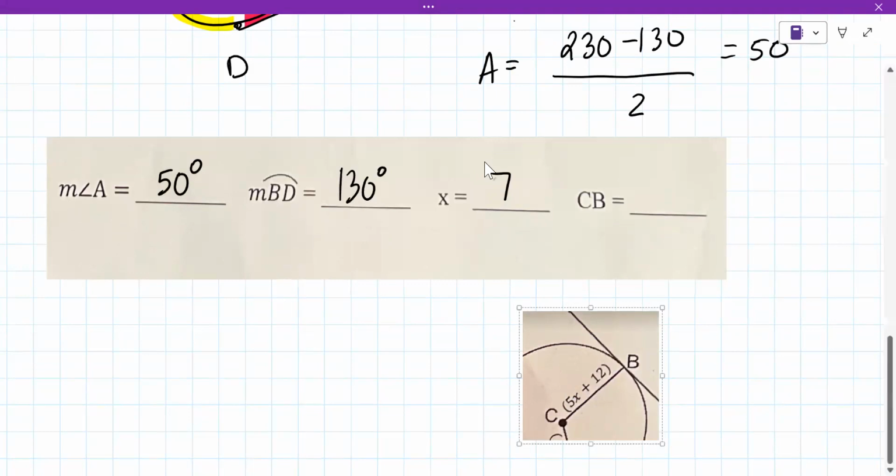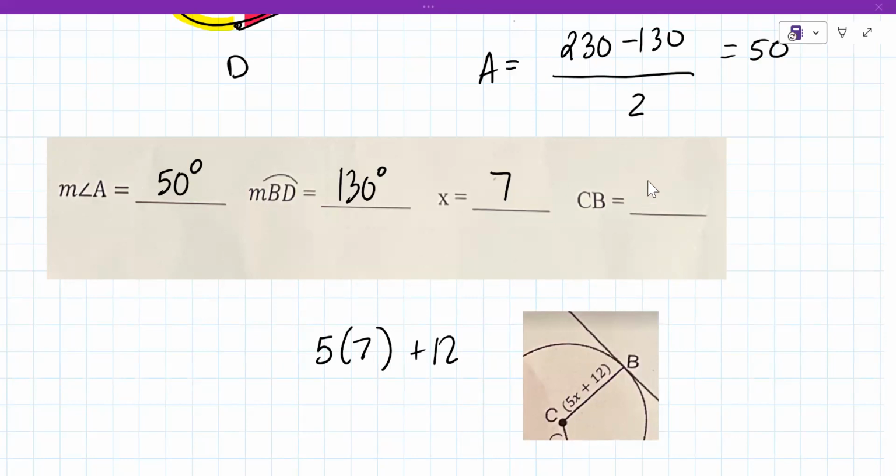What's the value of X? 7. Okay, put 7 in for X here. 5 times 7 plus 12 is 47. Good. Any questions on that?